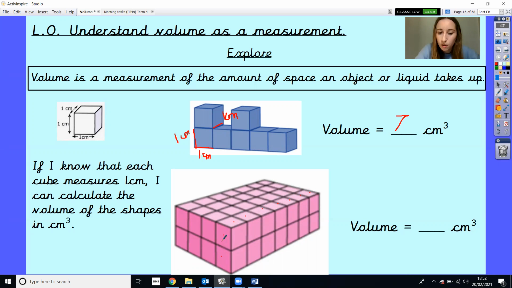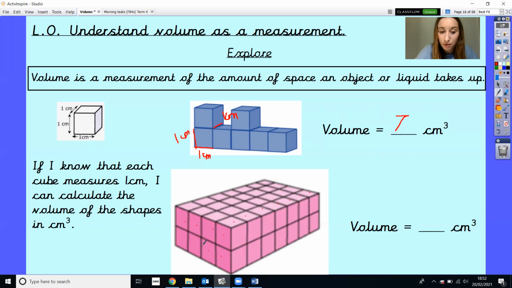So I've got two cubes multiplied by 1, 2, 3, 4, 5, 6, 7. And I can see that it's 4 wide, okay? So I've got 2 by 4 by 7. So what I could do is 2 times 4 and then times that by 7. And that would tell me how many cubes there are.